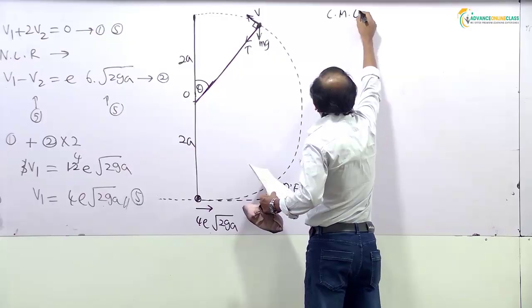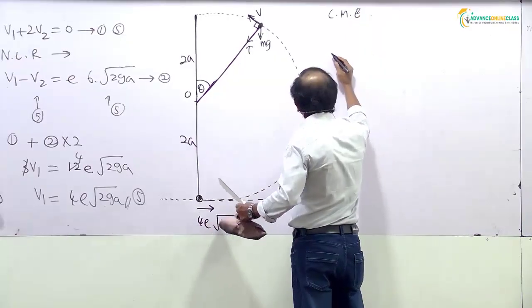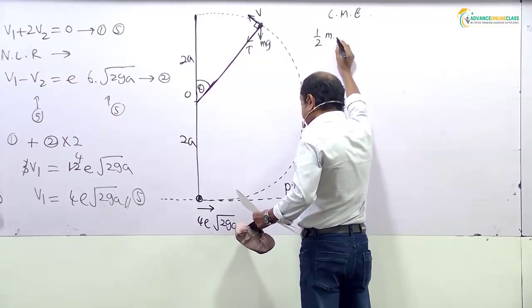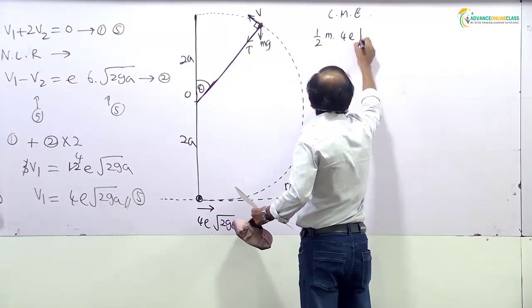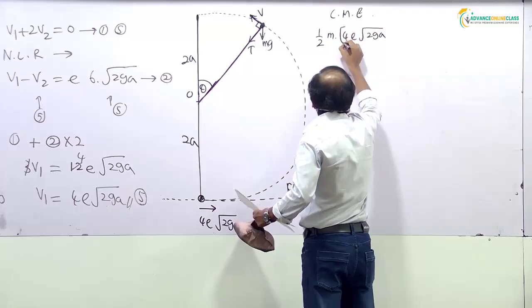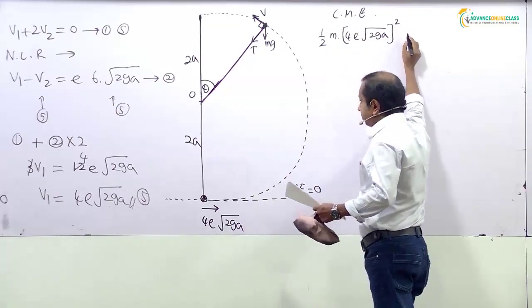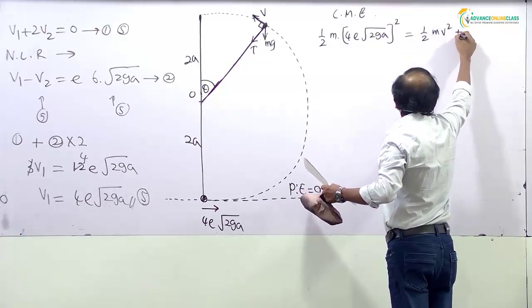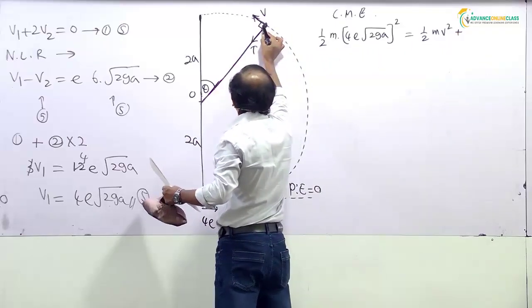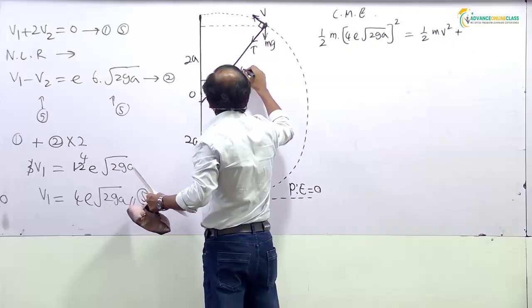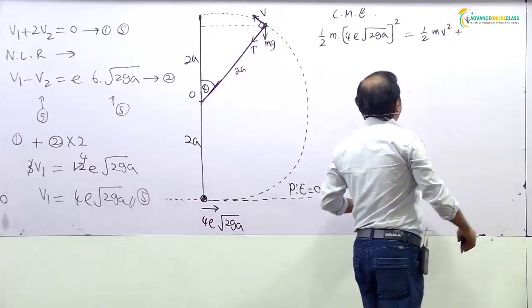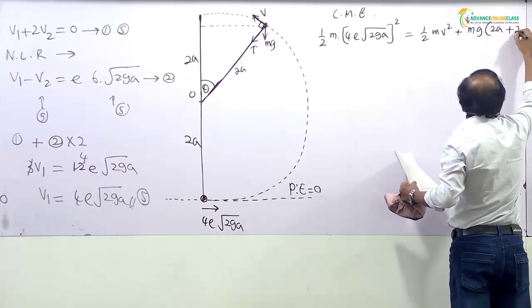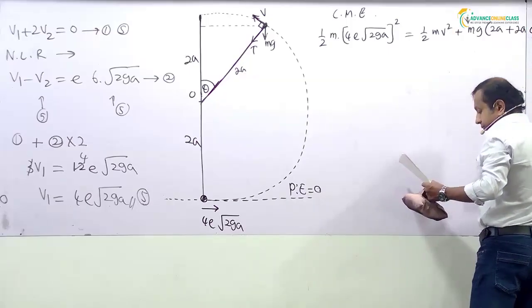So conservation of mechanical energy we apply again. Here the total energy is only kinetic energy, half m times the square of 4e root 2 GA, equals half m V squared plus mg times this height, which is 2a plus 2a cos theta.